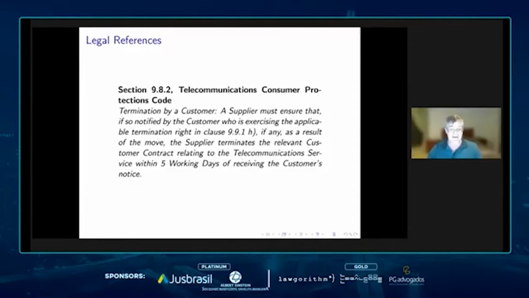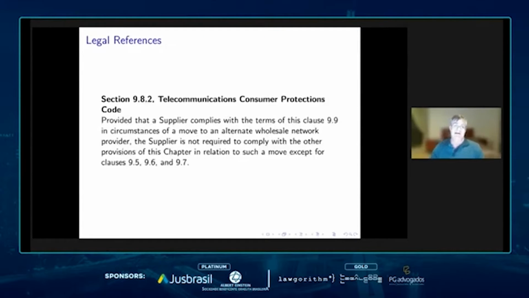The important part is that you can see there are some references to other clauses. Here, in section 982, we have something that is applicable according to sections 991H, and we have no idea what those conditions are. Similarly, in section 9.8.2 of the Telecommunications Consumer Protections Code, there is a reference saying somebody has to comply with what's specified in section 9.9, and also that there will be exceptions to 9.5, 9.6, 9.7.